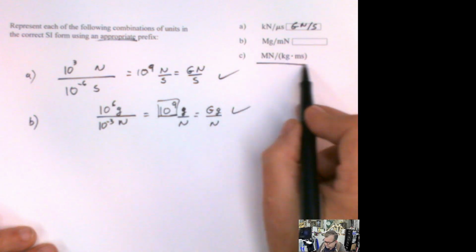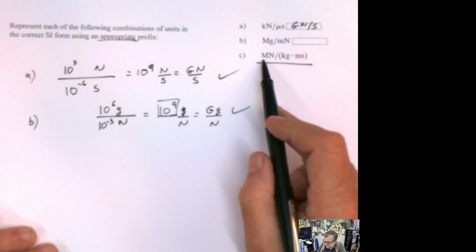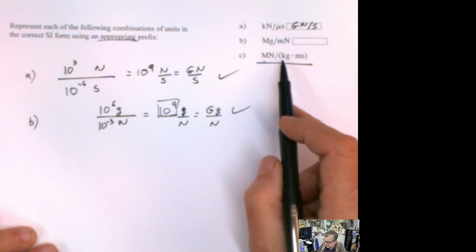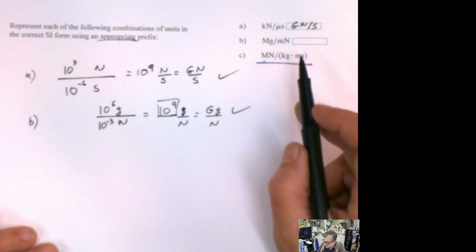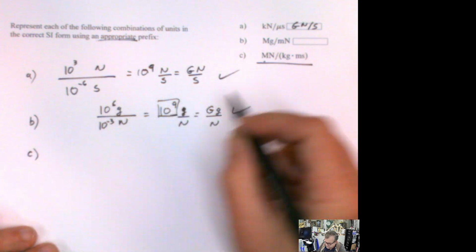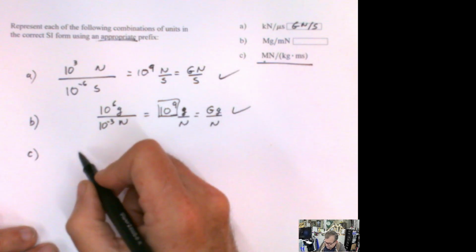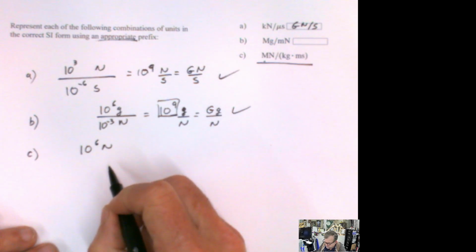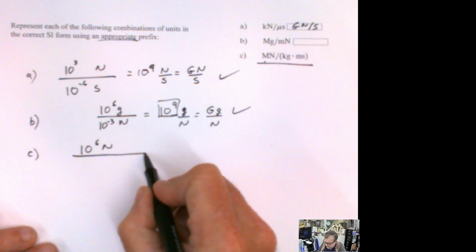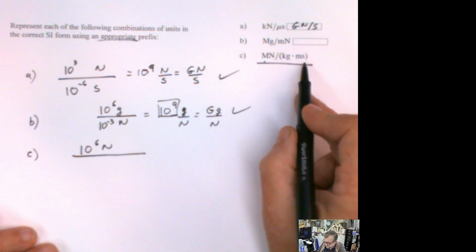And part C, this one here: we have mega, 10 to the 6 newton, kilogram, millisecond, 10 to the negative 3. So let's do that. Meganewton, 10 to the 6 newton. And now in the denominator we have kilogram.